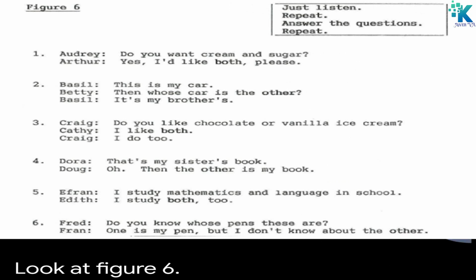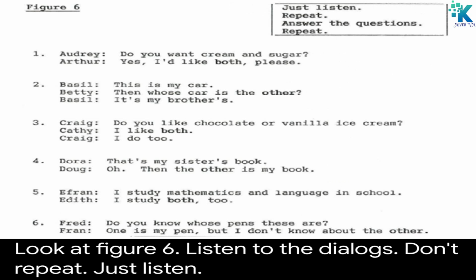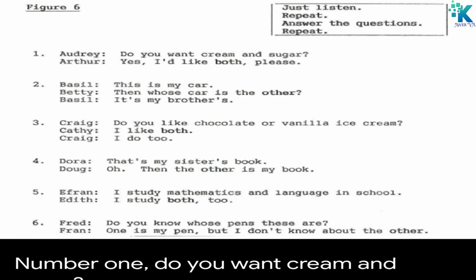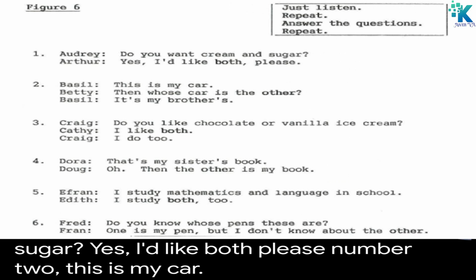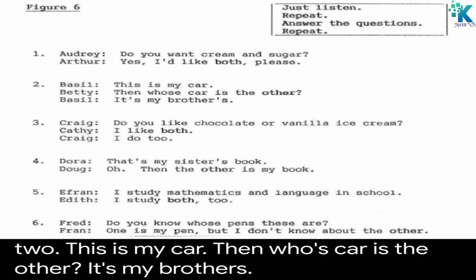Look at Figure 6. Listen to the dialogues. Don't repeat, just listen. Number 1. Do you want cream and sugar? Yes, I'd like both, please. Number 2. This is my car. Then whose car is the other? It's my brother's. Number 3.